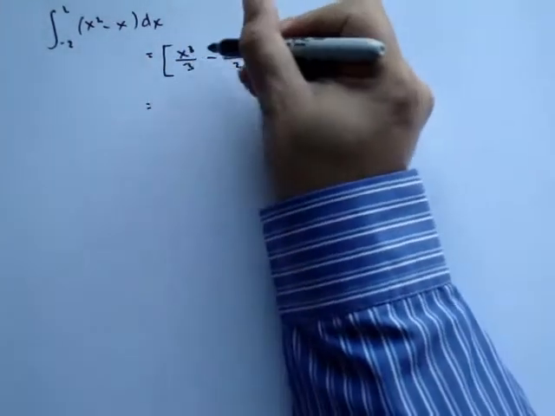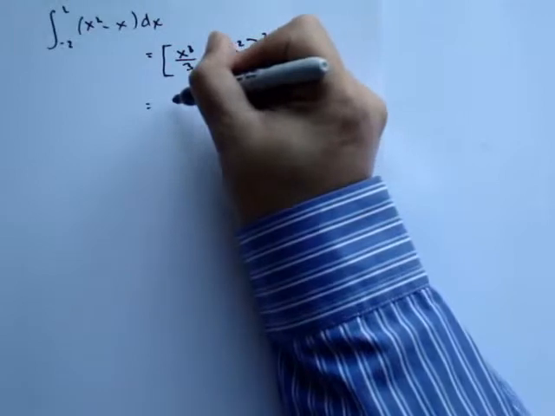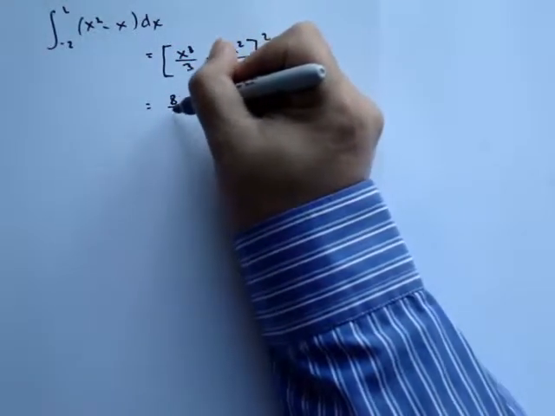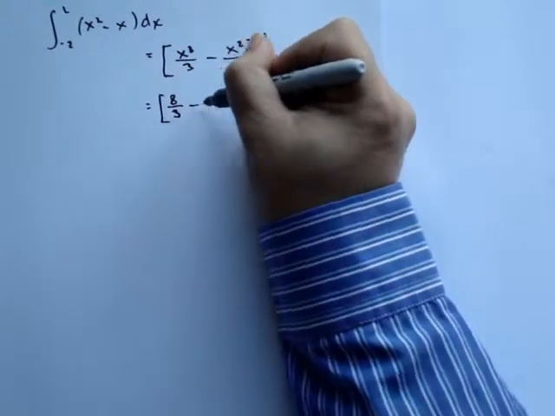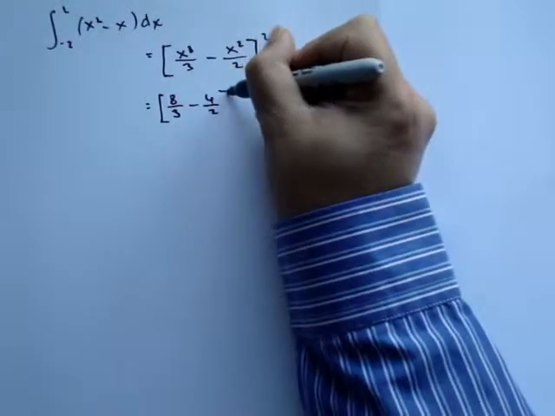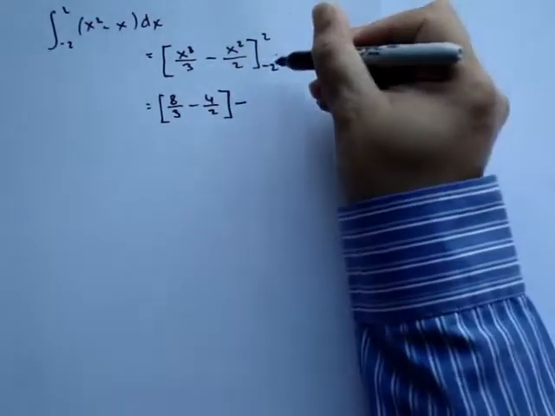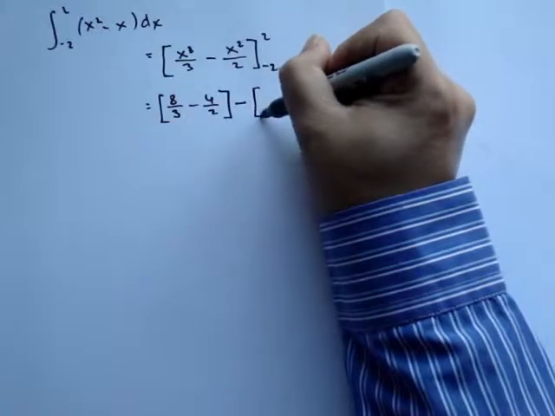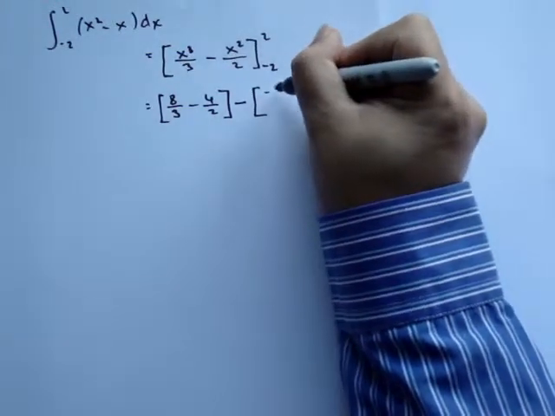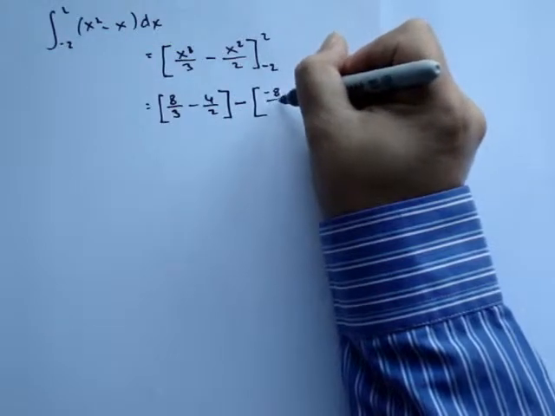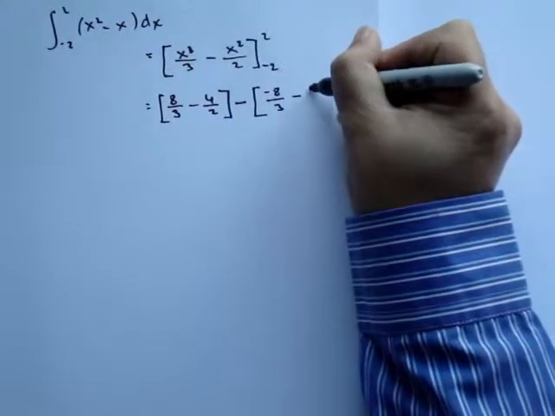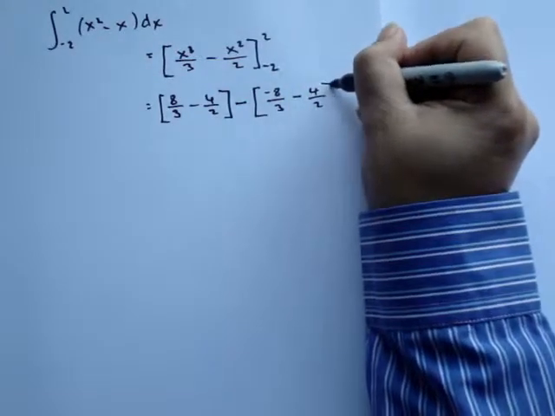So on this side we're going to put the 2 in, so this would become 2 cubed, which is 8 over 3, minus x squared, which is 4 over 2, and then we subtract after we put the minus 2 in, so that would become minus 8 over 3 minus 4 over 2.